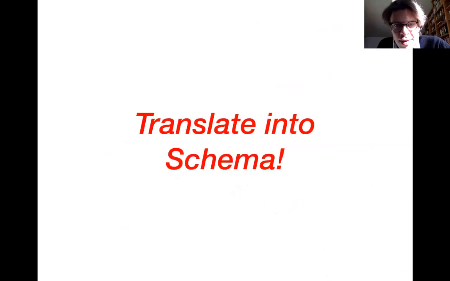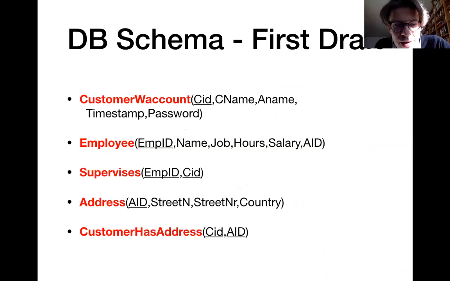All right, let's have a look at one possible solution here. And so what we're doing here, there's a couple of standard cases, so to speak. Here, first of all, we have, for instance, the employee relation, which simply contains the attributes associated with the properties that we saw in the entity relationship diagram, and even the representation for keys is the same here.